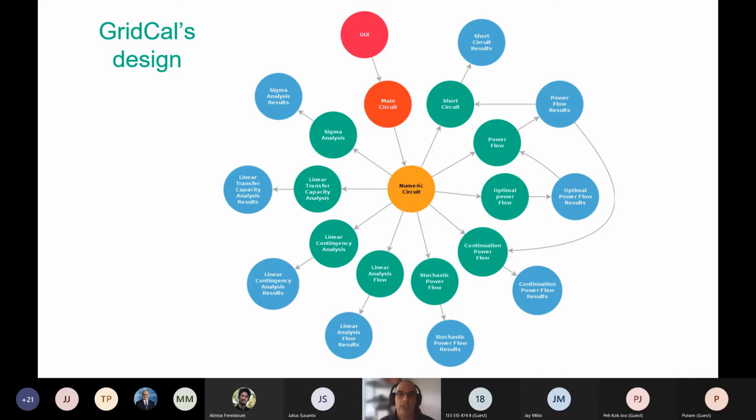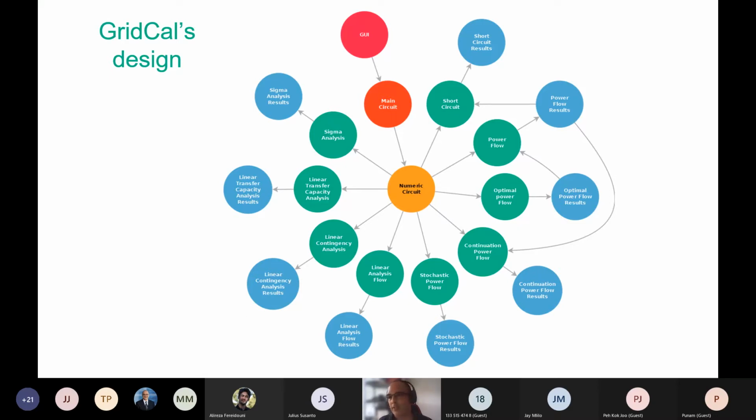And then, of course, each of the calculations, short circuit, power flow, optimal power flow, and you name it, all of them are a separate object. It's like a sandbox where you have this numerical process, and the output of the numerical process is not a file, or it's not a text output on a console. The output is another object, and the object contains all the results pertinent. For instance, in power flow, you will have the voltage vector.